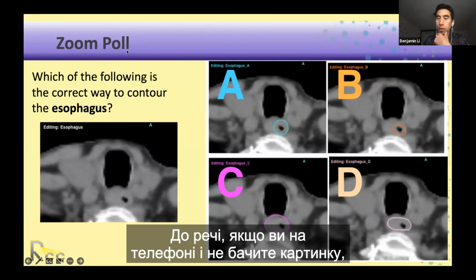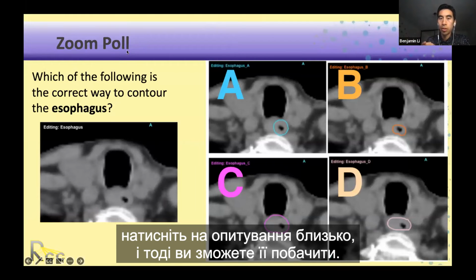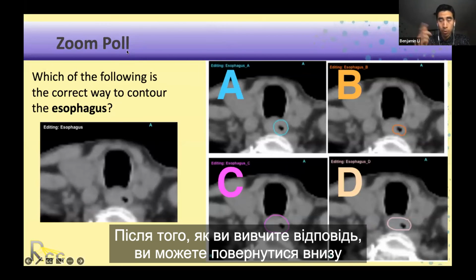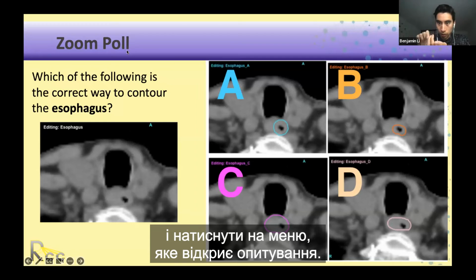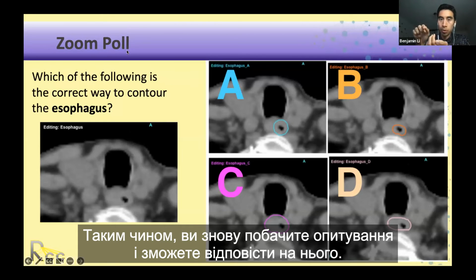And by the way, if you're on your phone and you can't see the picture, click close on the poll, and then you should be able to see it. Then once you've studied the answer, you can go back to the bottom and click on the menu where it brings up the poll. So you can see the poll again, and then you can answer.